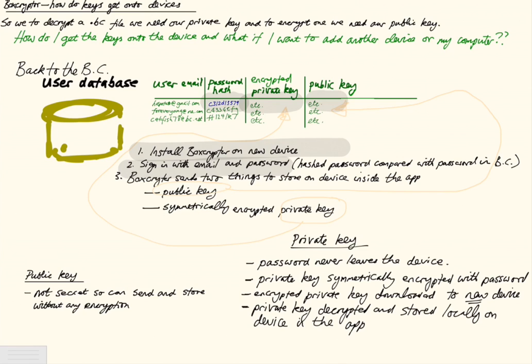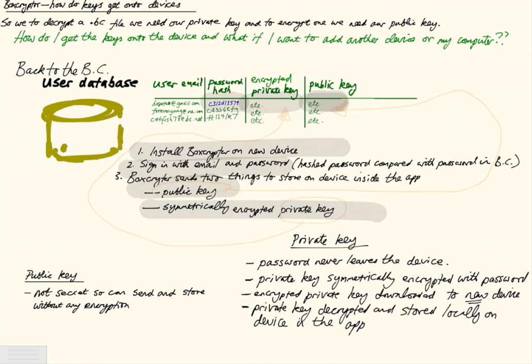Now, when you log in successfully, Boxcryptor sends two things back to your new device, your iPhone in this case. It sends your public key, because remember, the public key is stored in unencrypted format in the Boxcryptor server because it's not secret. And then it also sends your encrypted private key back to your device.